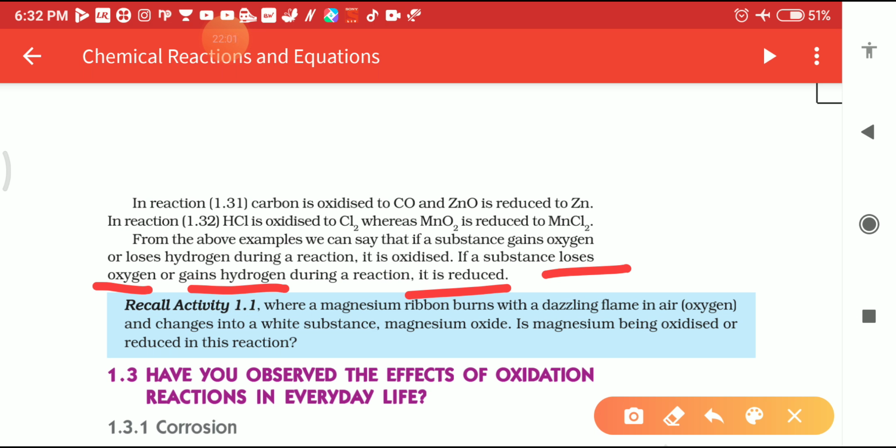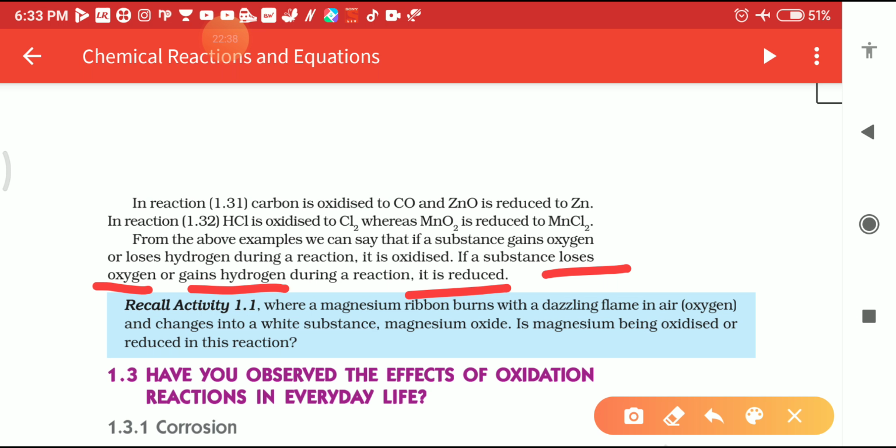In simple terms, this whole paragraph is about oxidation and reduction. Oxidation is addition of oxygen or removal of hydrogen. Reduction is removal of oxygen or addition of hydrogen. Only this much is to be said in this paragraph.